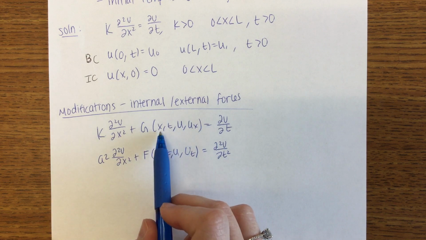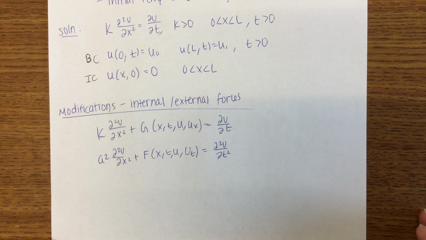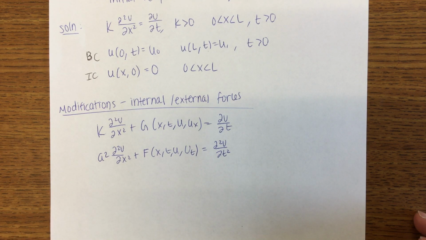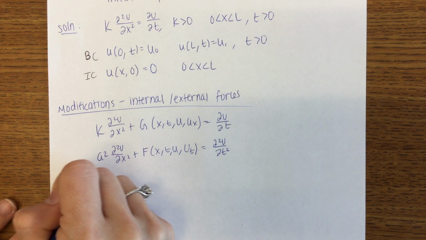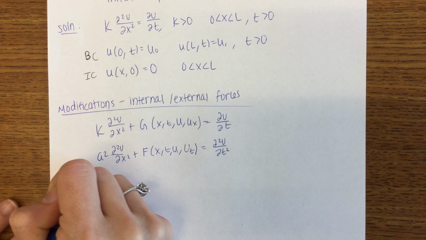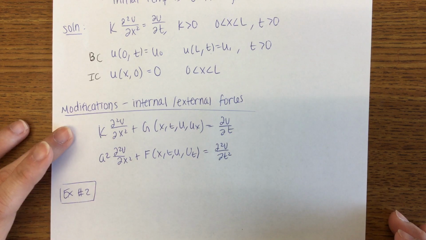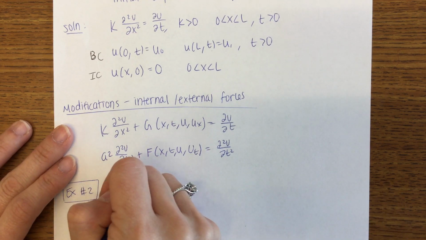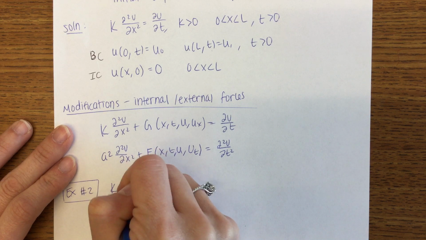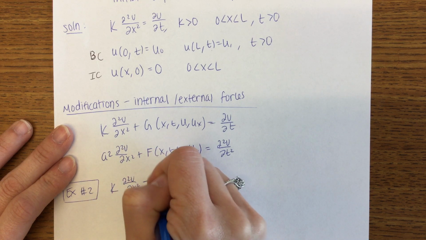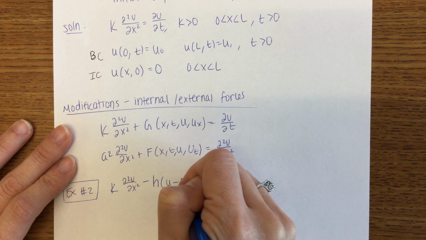Most of the time, you're not going to have all 4 of those variables. You're going to have 1, maybe 2. G. So example 2 is k times the second partial of u with respect to x, subtract h times the quantity u subtract u sub m.